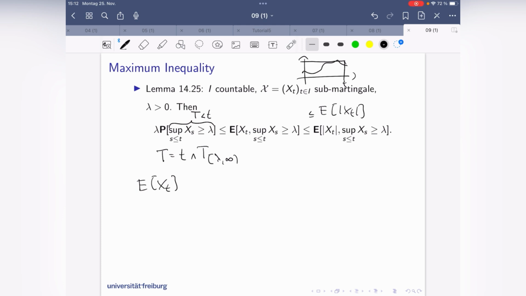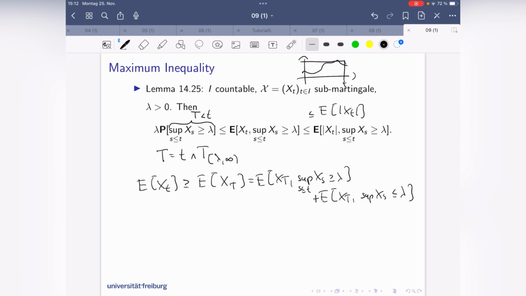And we can use the optional sampling theorem, which tells us that this here is larger than the expectation of X at the stopping time T. Yes, and I can split this up into the expectation of X_T on the set where the supremum of X_s is bigger than lambda for s less than or equal to t, plus the other direction, X_T on the set where the supremum of X_s is less than or equal to lambda.